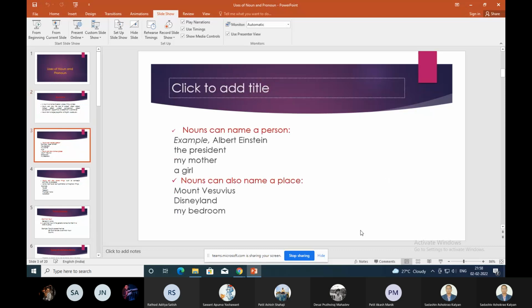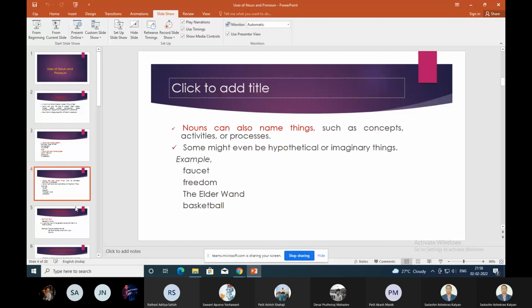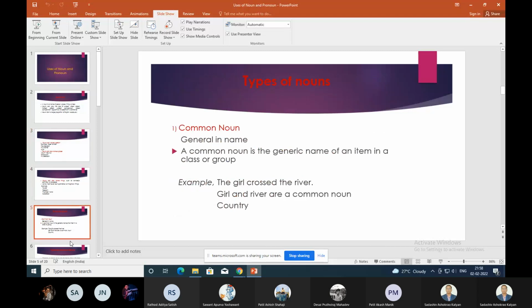Then we have studied various examples of how nouns can be the name of a person, name of a place, name of a thing. Then we studied that a common noun is a general name suggested for any one class or group, like country.